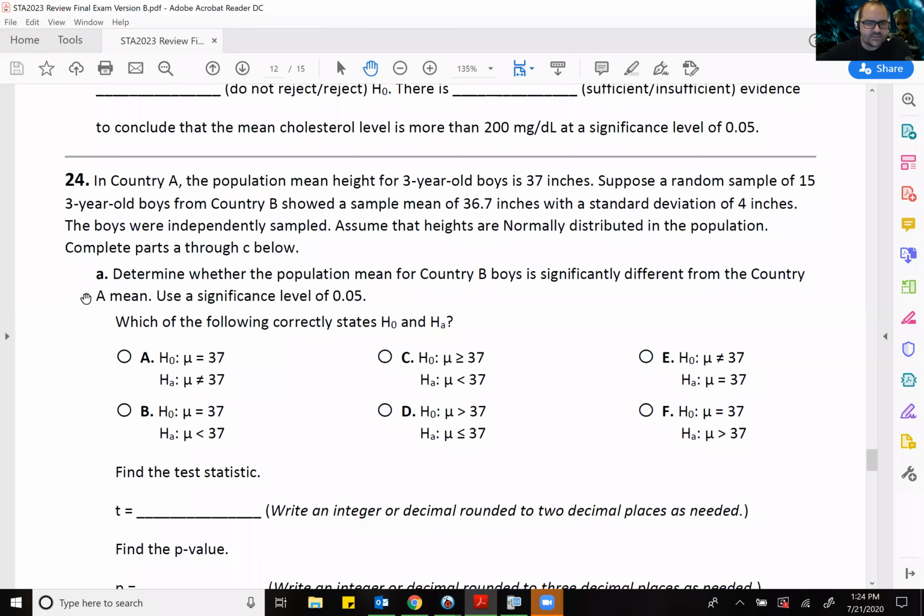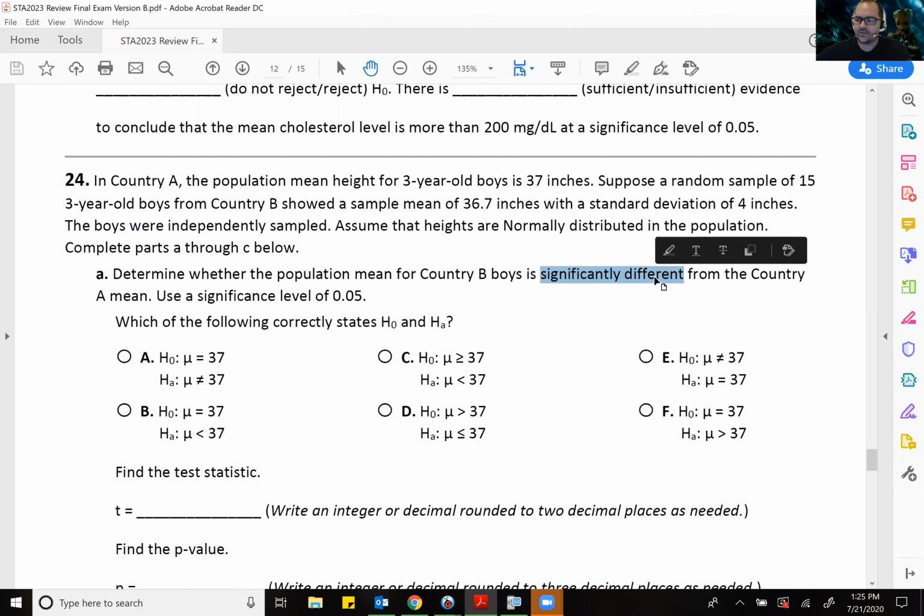Down here it says determine whether the population for country B boys is significantly different from country A. Because we want to know if they're significantly different, that means not equal to 37. So basically we're saying is not the same.